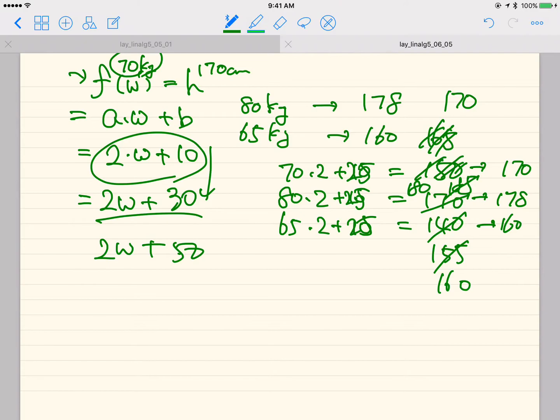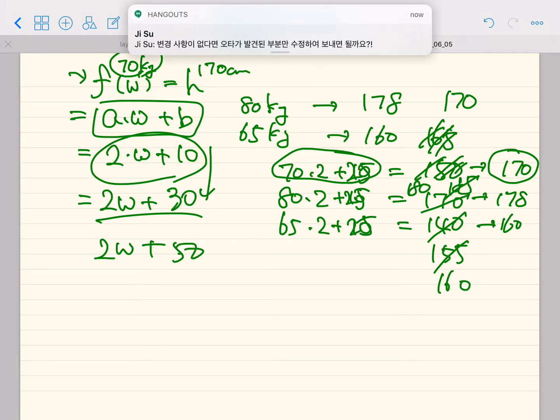Because our linear model should minimize the error between the true answer and the prediction model's output. So let's simply construct this as a least square problem.